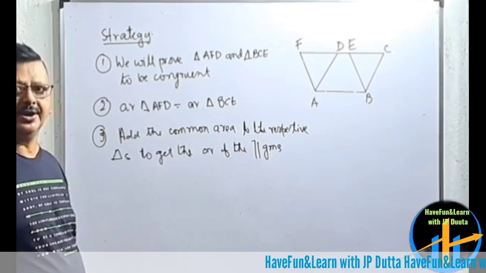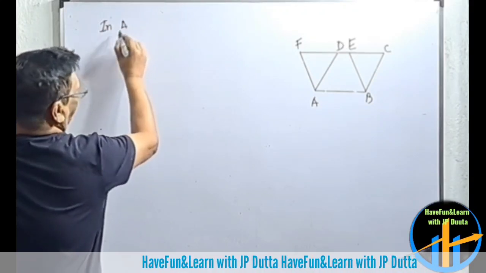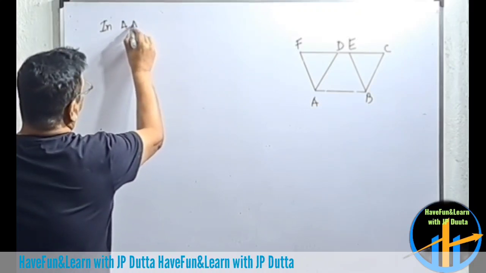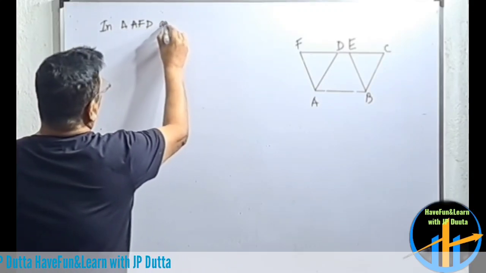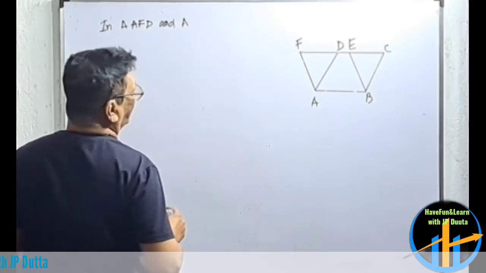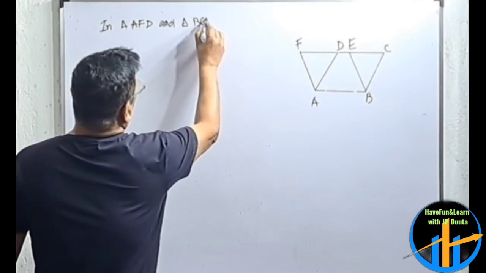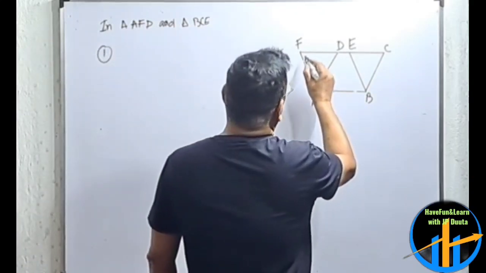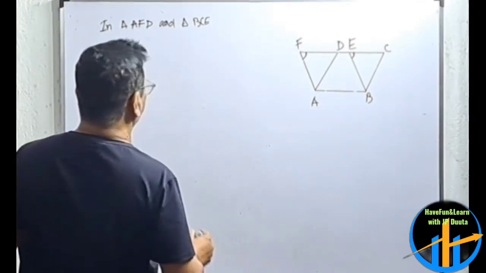So this we are studying. In triangle AFD and triangle BCE, number 1. See, this angle is equal to this angle. Why? I'll tell you.